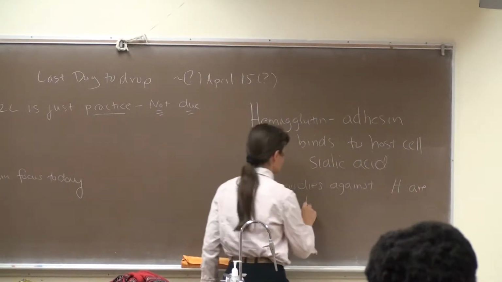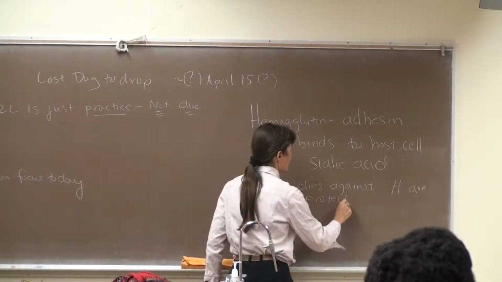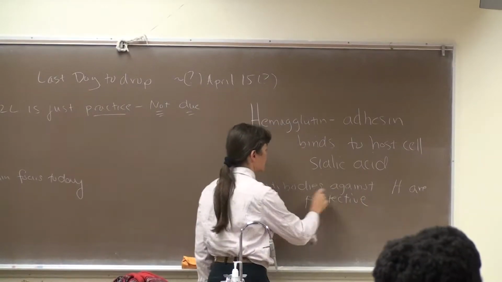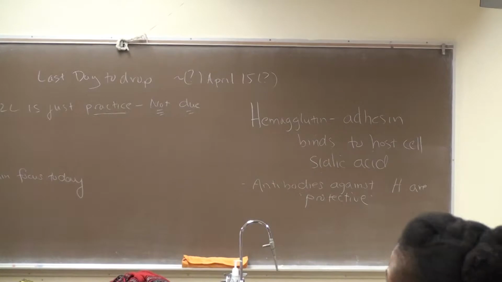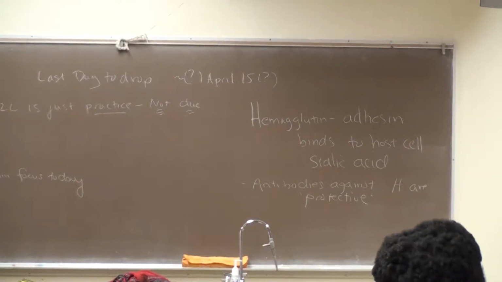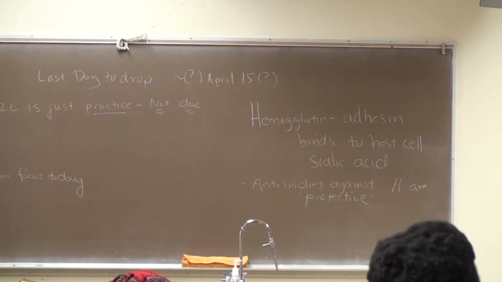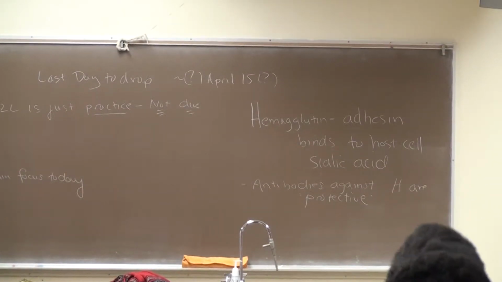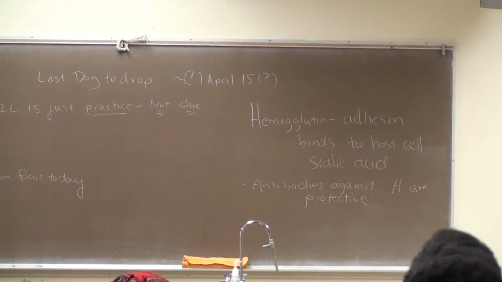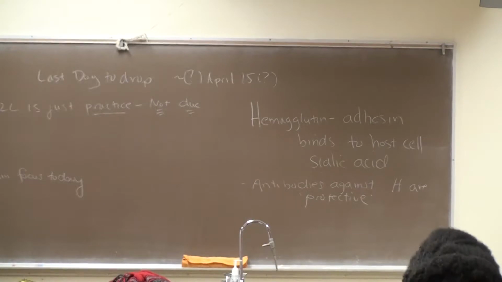And indeed, antibodies made against the hemagglutinin are considered protective. Why do you think, if we have high levels of circulating antibodies against the H antigen of an invading influenza virus, why do you think those antibodies would be protective? Which step in influenza infection of our cells do you think those antibodies would block?